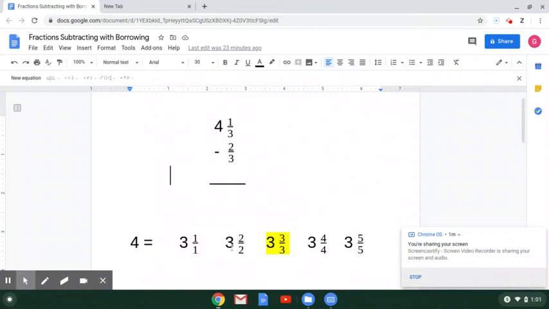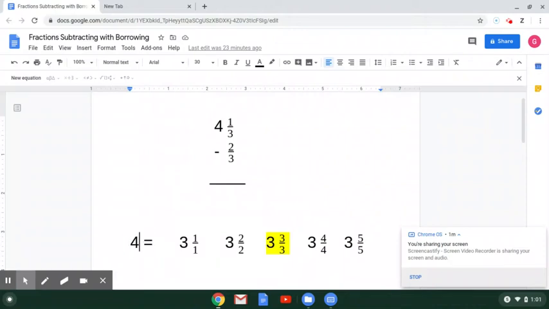We can express it as 3 plus 2 over 2, which is the same as 3 plus 1, which is the same as 4, right? We can express it as 3 and 3/3, or 3 and 4/4, or 3 and 5/5. Any one of these numbers is the same as 4.